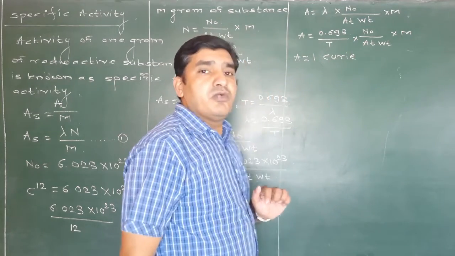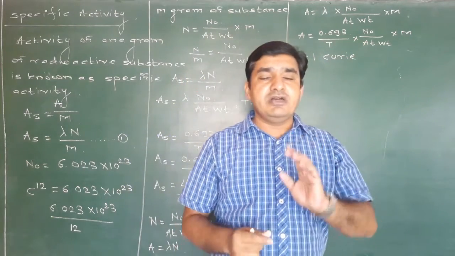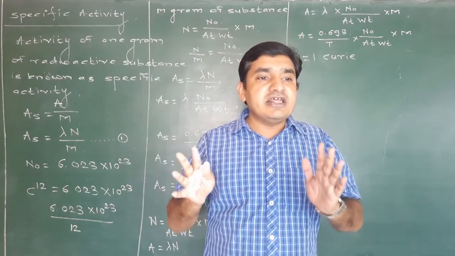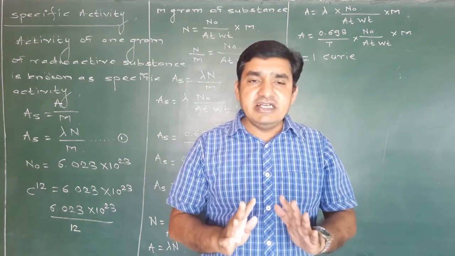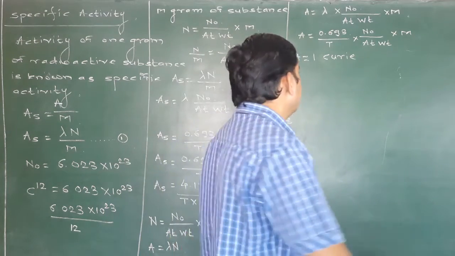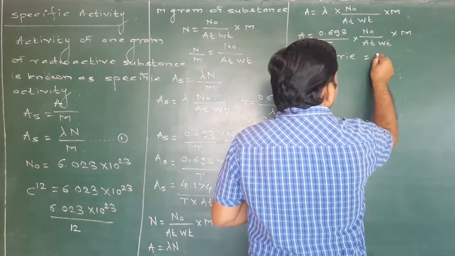1 curie is equal to 3.72 into 10 raised to 10 disintegrations per second per gram.